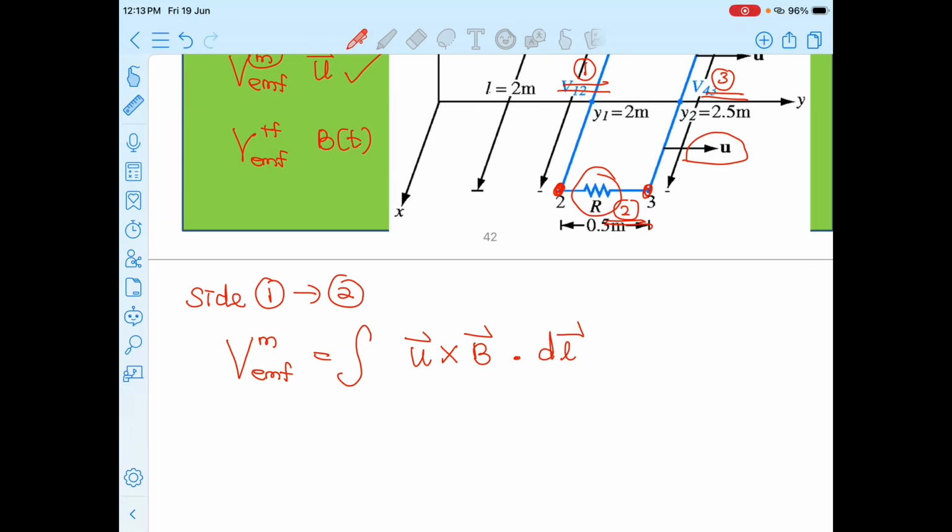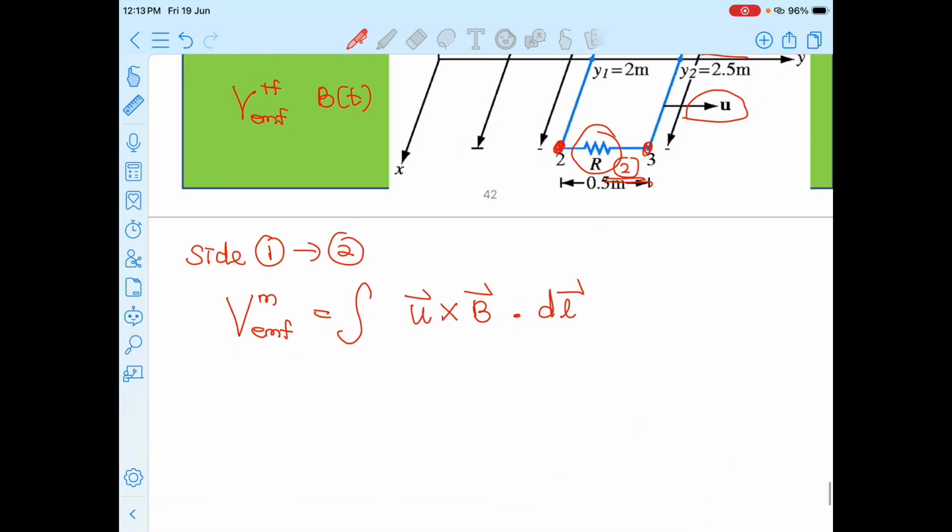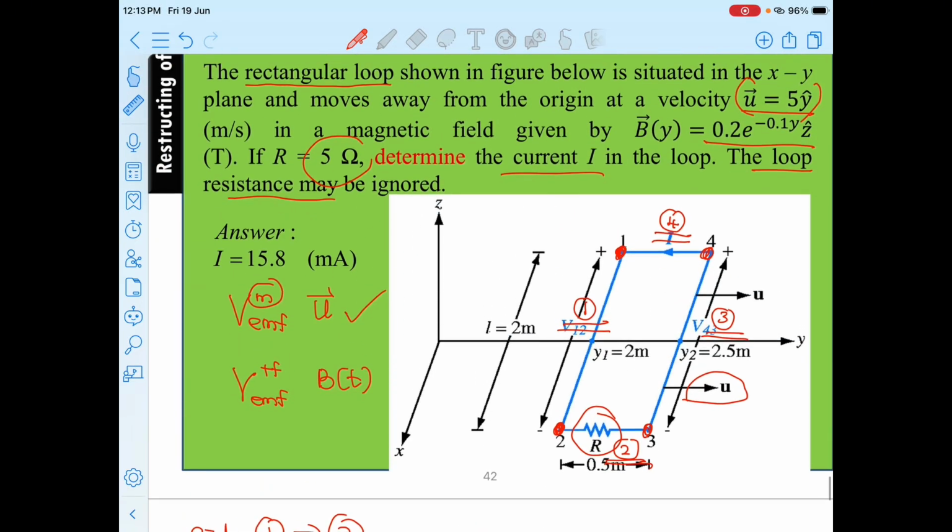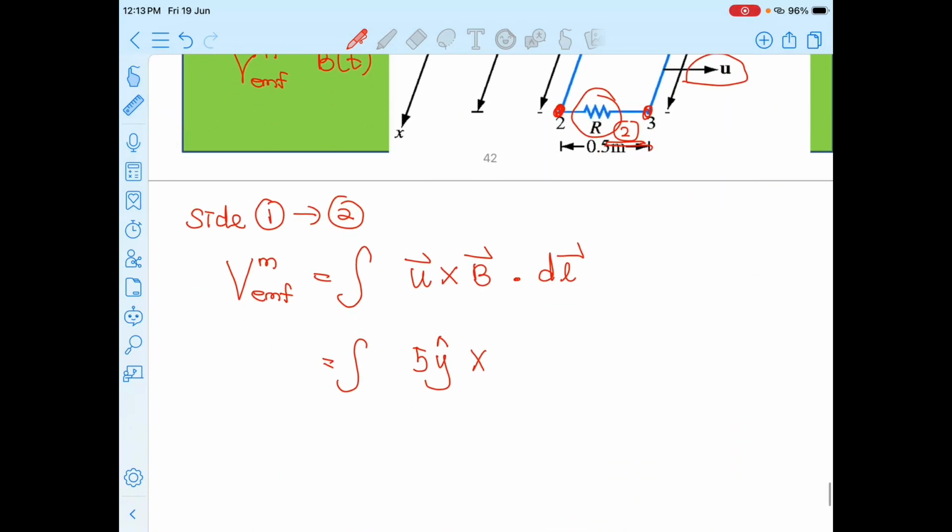The u is given by the question, so we can apply it directly: 5 in the y direction. B is also given, 0.2 e to the power negative 0.1y, in the z direction, dot product dl.